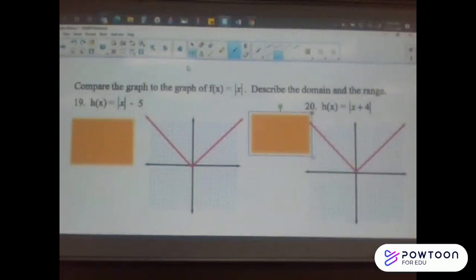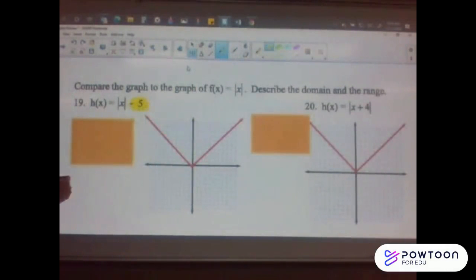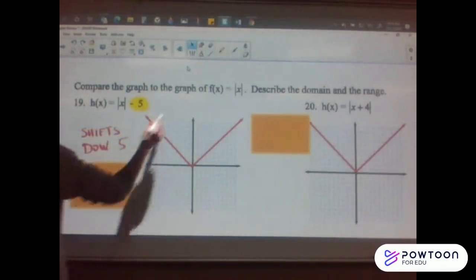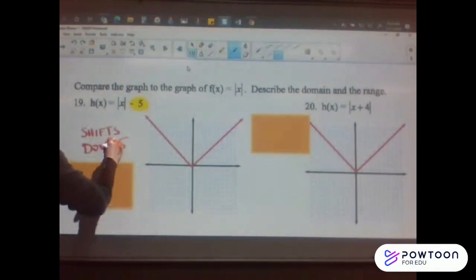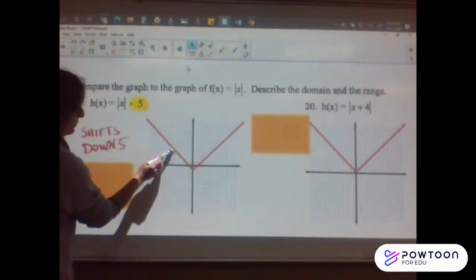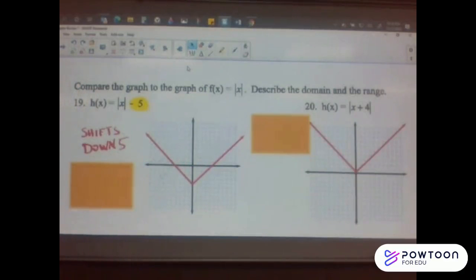Now for transformations of absolute value functions. Remember, when the number is outside of the absolute value marks, that's going to shift this problem down 5. So my new graph from my parent graph is going to shift down 5. So it shifts along the y-axis.